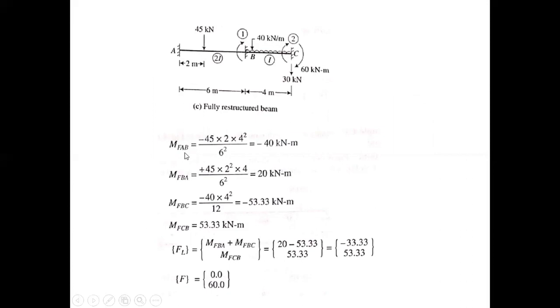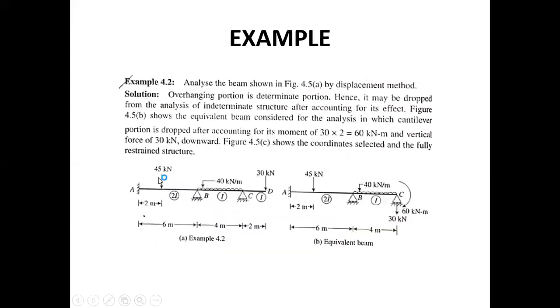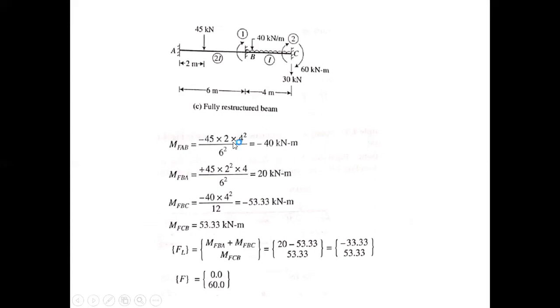We'll calculate the fixed end moments, that is MFAB. MFAB will be due to this point load, that is 45 multiplied by 2 multiplied by 4 square, because this load was not acting at the middle. So this is say a, this is say b, and a plus b will be equal to 6. a is 2, b is 4. So this will be minus 45 multiplied by 2 times 4 square by 6 square.